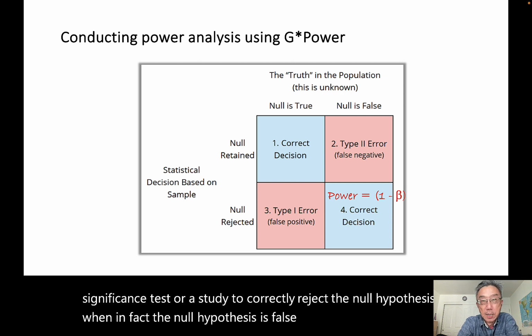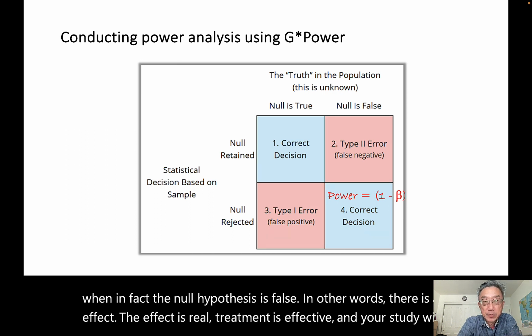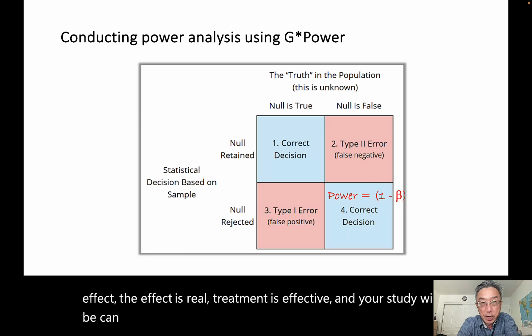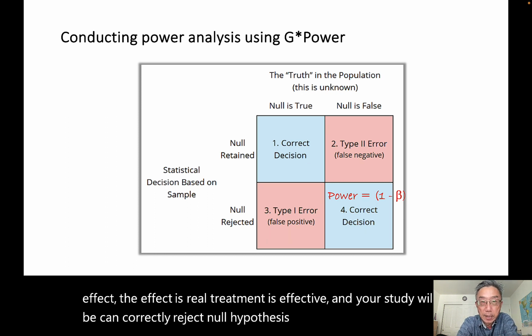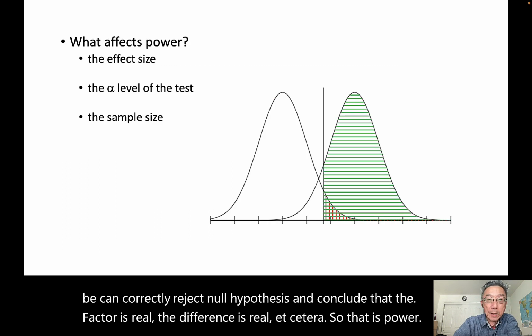In other words, there is an effect, the effect is real, treatment is effective, and your study can correctly reject the null hypothesis and conclude that the effect is real, the difference is real, etc. So that is power. Okay.